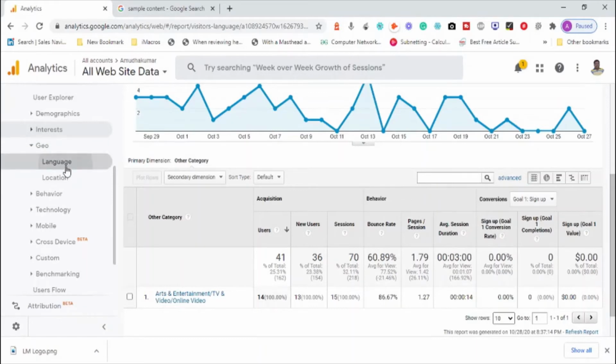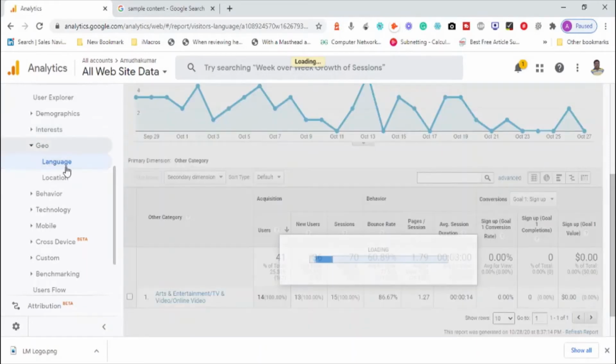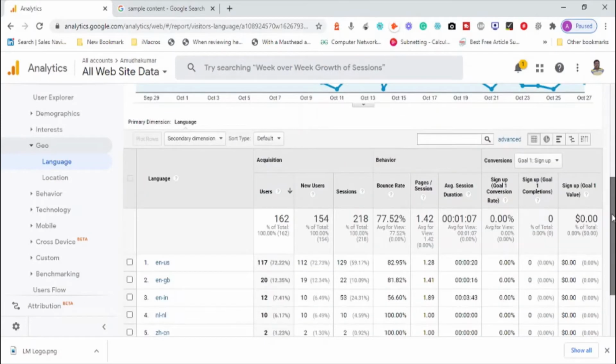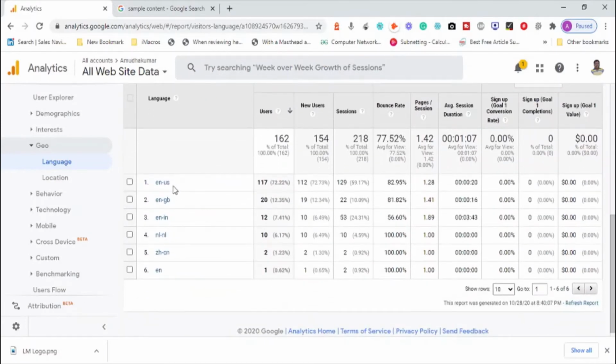You can see the language option here. Under this language, you can see EN-US, EN-GB, EN-IN, NL-NL, and so on.